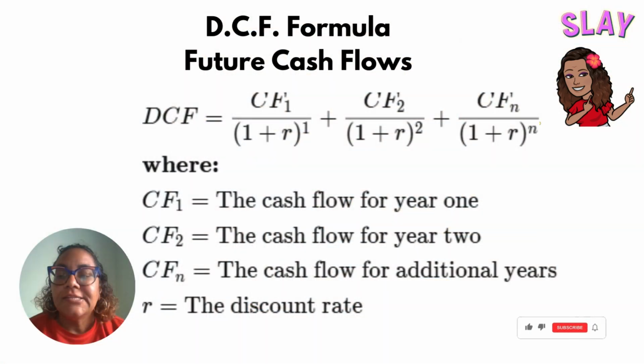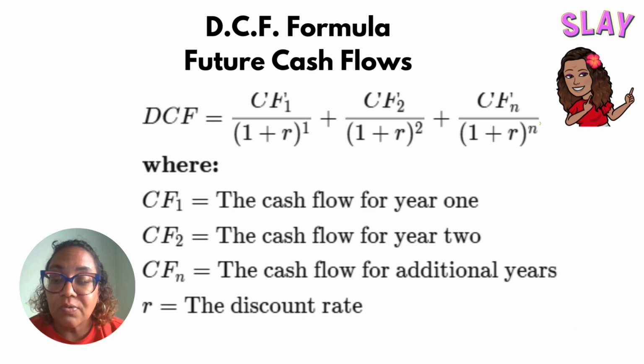The formula to calculate discounted cash flow is equal to your cash flows for year 1 divided by 1 plus the discount rate to the power of 1, as it's the first year, plus the cash flows for the second year over 1 plus the same rate to the power of 2, plus the cash flow of the third year or the fourth year. Just keep going until you have found the discounted cash flow for the number of years.